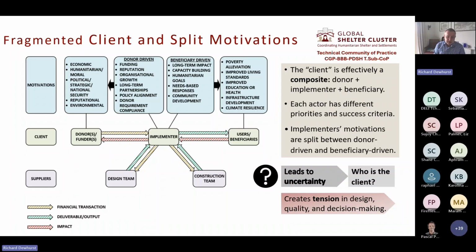So for the implementer in particular, there's a tension because you're satisfying the donor-driven motivations, what the funder wants to get, and the beneficiary-driven motivations, so what the project is intended to achieve for the end users. And this creates uncertainty about who the real client actually is, and also can influence decisions throughout the project lifecycle.